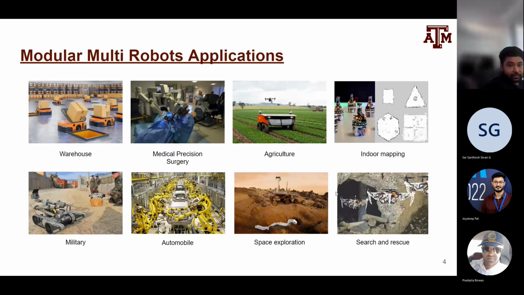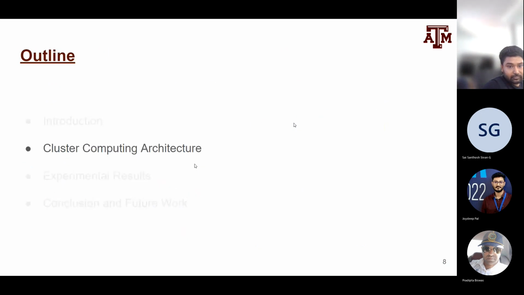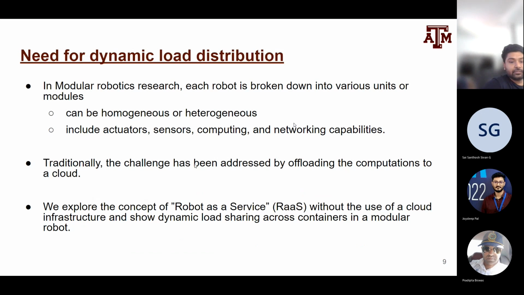As shown in the figure here, it can be similar to the warehouse robots, and it can be different, like a drone or a ground rover that can be used also in space explorations, even in search and rescue and agriculture. And this concept is called using the robot as a service instead of using cloud as a service, where the computation can be dynamically shared across various modules.